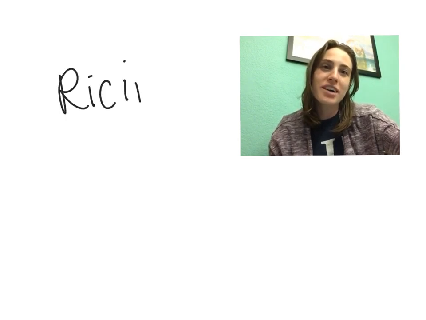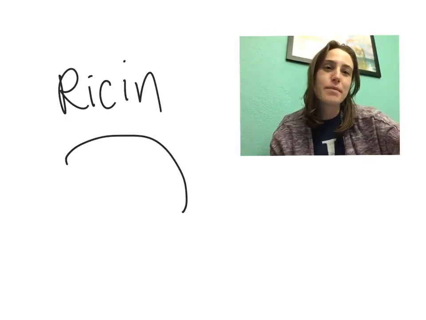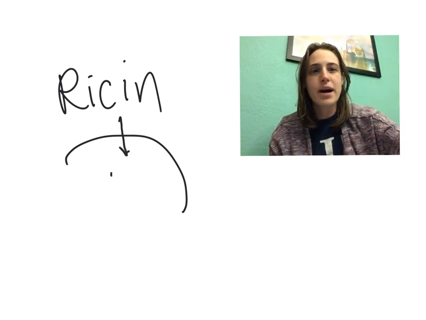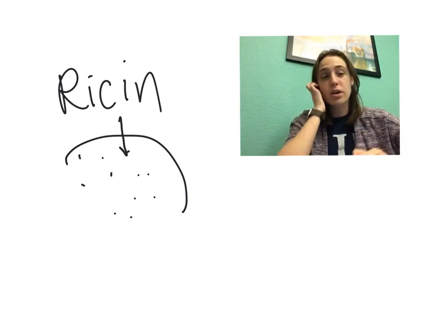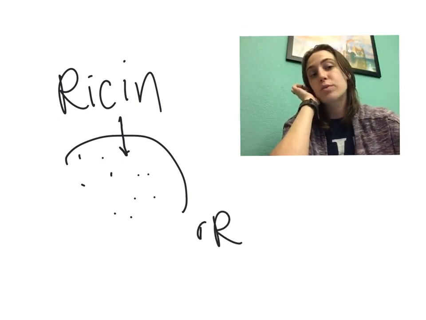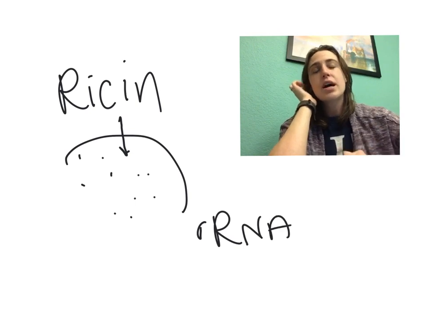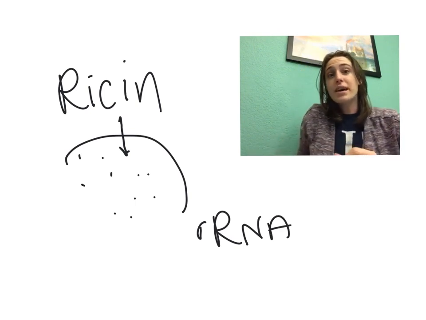So basically what I was saying is ricin is a type of toxin that enters into that cell membrane and it's going to bind to all of those ribosomes that are hanging out there. And remember, ribosomes, or rRNA, as we learned is the fancy name for it, are what's able to make proteins.